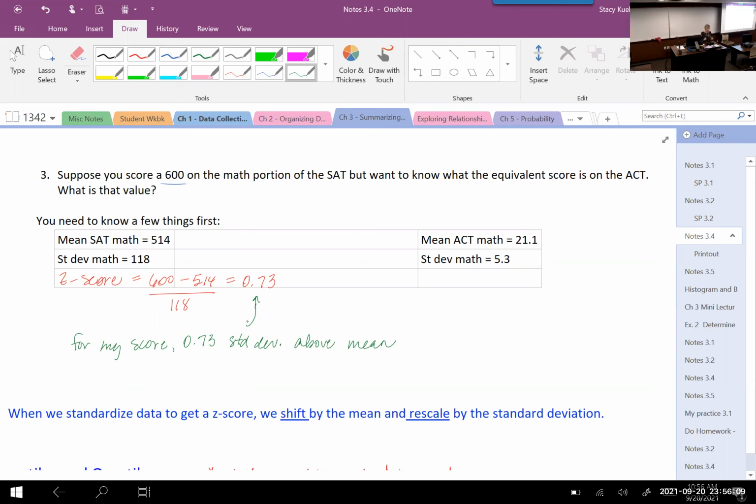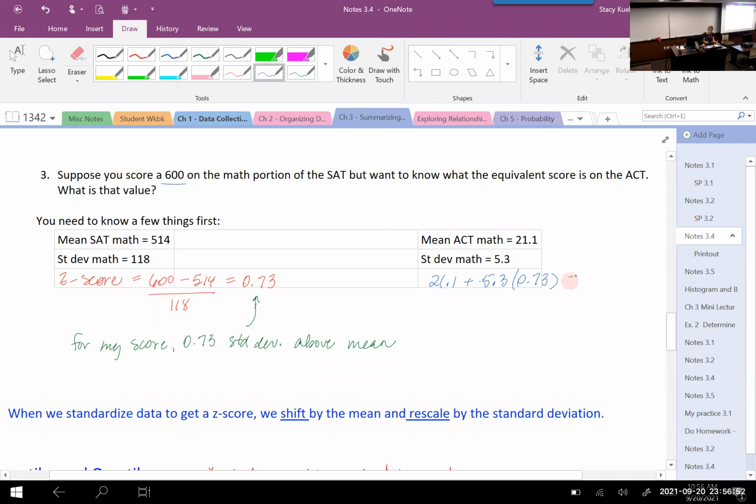So to find my ACT score, I am going to take the mean, which was 21.1 for the ACT, plus, because I'm going to add to that. I'm going to say the mean is the middle, and don't forget, my SAT was 0.73 standard deviations away from the middle. So I'm going to take the middle for the ACT and add the standard deviation of 5.3, that's the standard deviation for the ACT scores, times the 0.73 that I calculated.